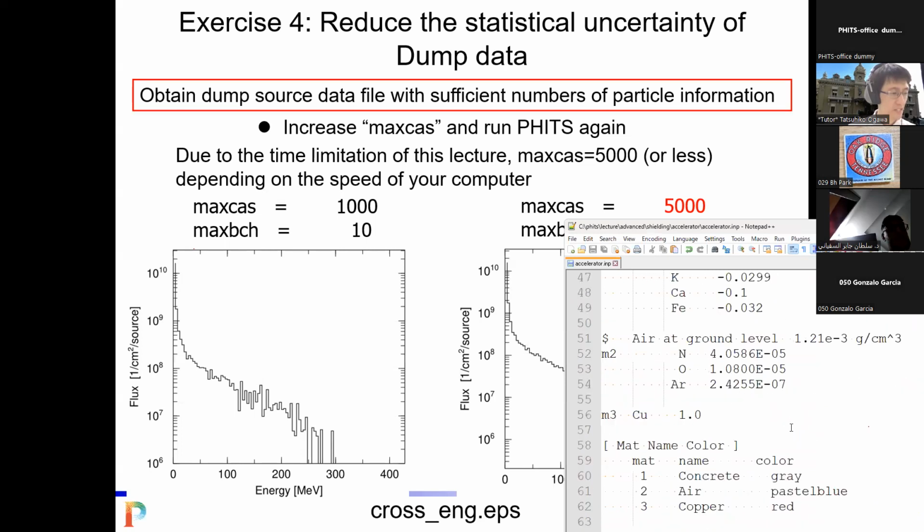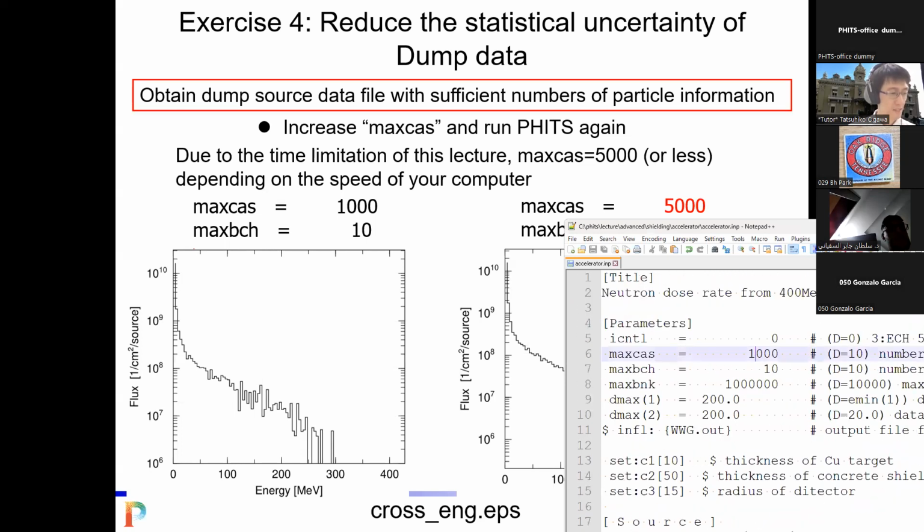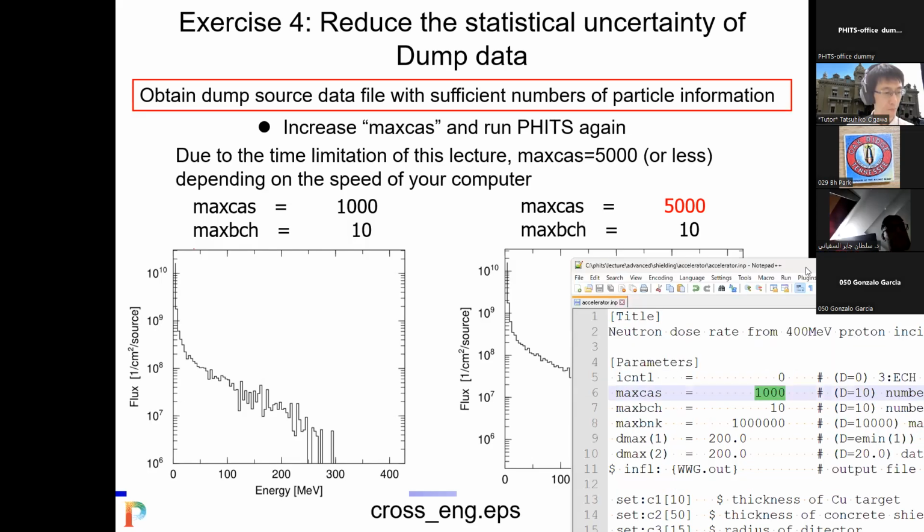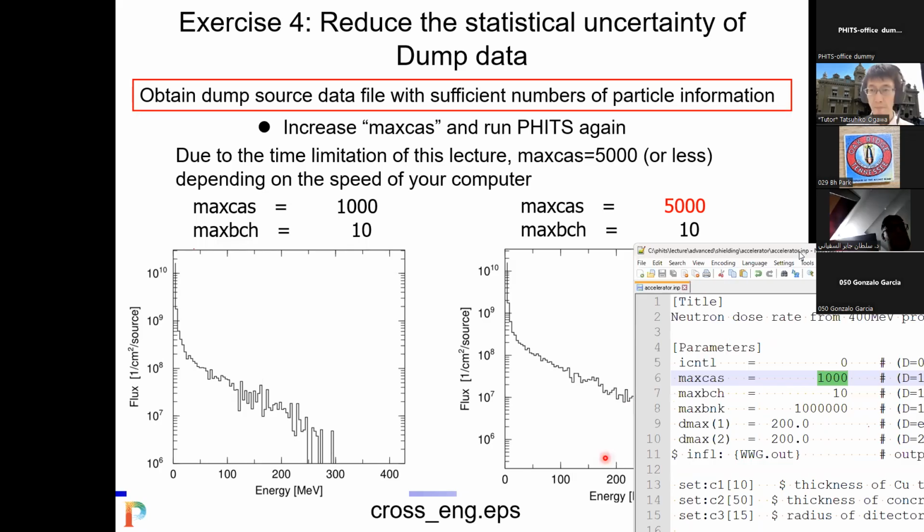Let's increase maxcas and run. As there's nothing technically difficult, I do it here, 5000, and run.